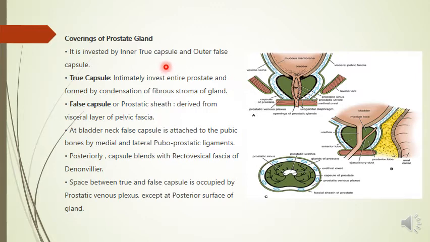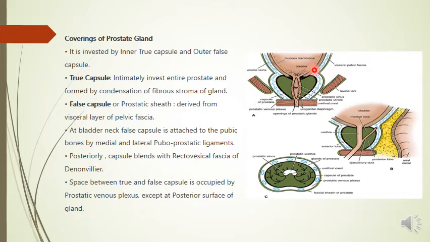And now coming to the coverings of the prostate gland, it is covered by a true capsule on the inner side and an outer false capsule. So this is the true capsule here, right? And the outer, this green one, is the false capsule. The true capsule of any organ is the condensation of the fibrous stroma.